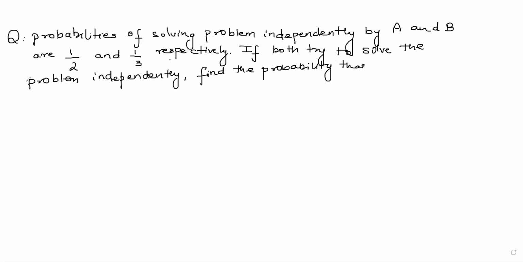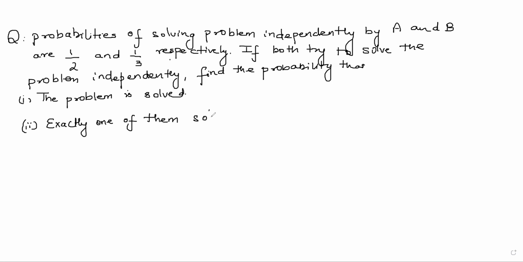Find the probability that first part is the problem is solved and second is exactly one of them solves the problem. Okay, so this question came in CBSE 2019 and this question came in CBSE 2011.